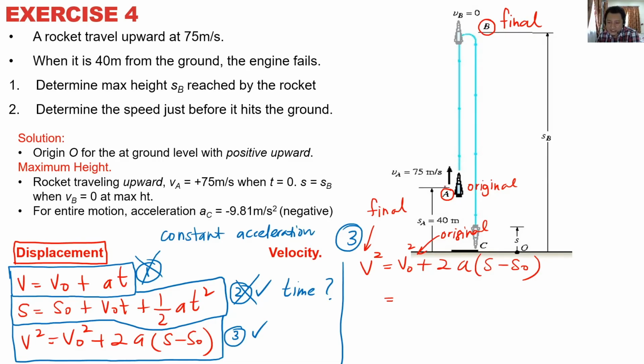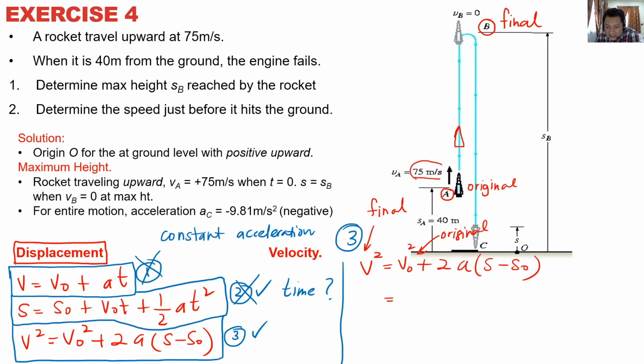If you imagine, this rocket originally has some rockets, right? Suddenly it failed. No more engine. So it is only traveling at 75 meters per second at this location.